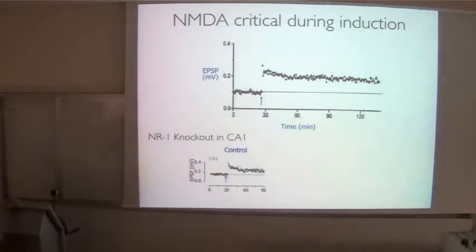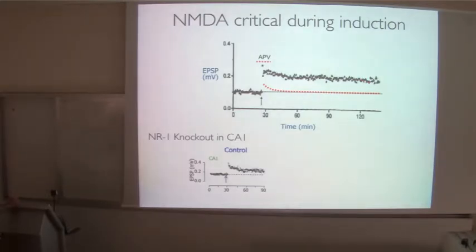There are two indications. First, if you apply AP5 during the tetanus, so you have LTP. Again, it's a protocol. You check the amplitude of the synapse again and again. Then you do a tetanus. You get LTP, and then it stays. The amplitude of the EPSP stays high.